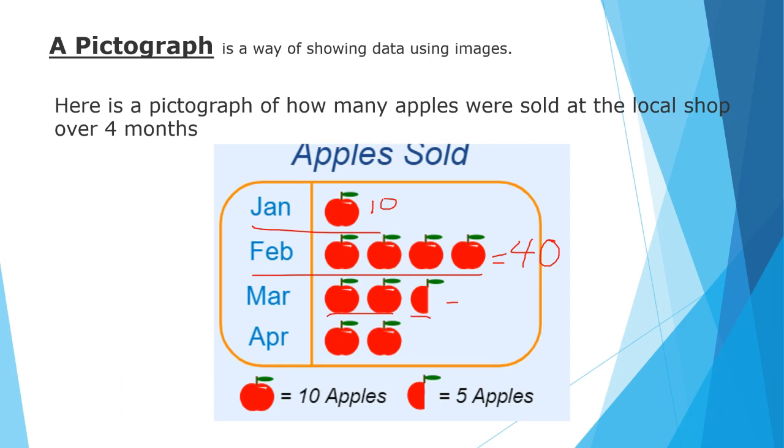So, ang ibig sabihin yan, we sold 25 apples. 10 plus 10 plus 5, 25. Sa April naman, we have 2 whole apples. Ibig sabihin yan, we sold 20 apples. Ganyan ang pictograph. We are using pictures to represent the number of data.